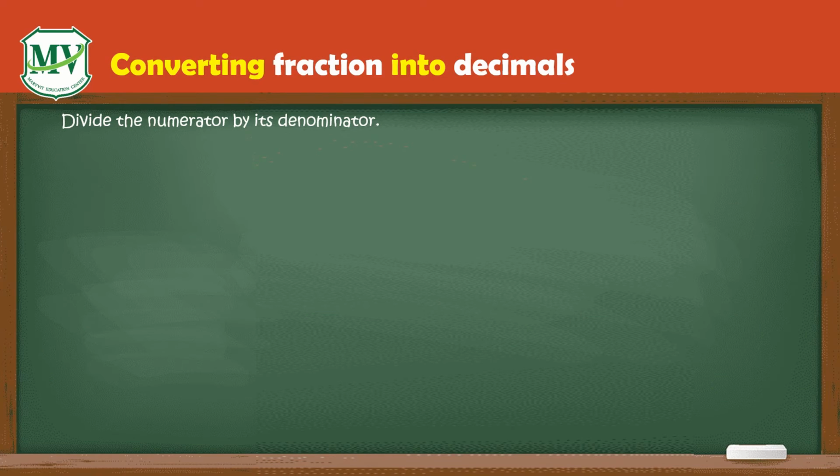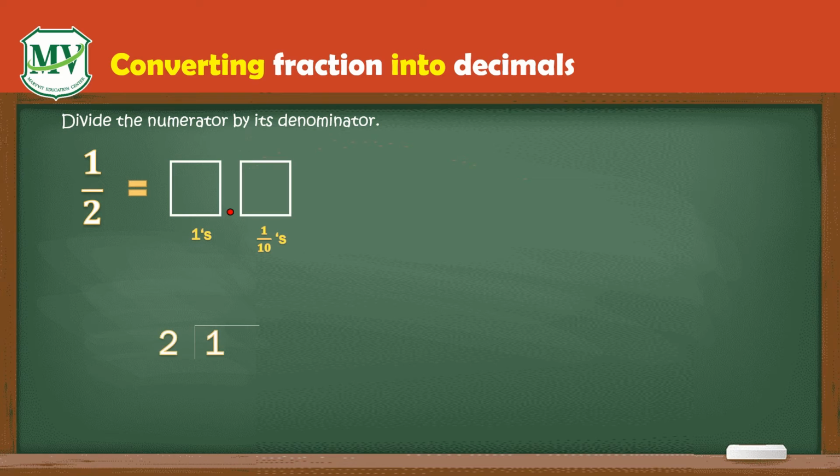To convert a fraction into a decimal, we have to divide the numerator by its denominator. For example, 1/2. To get its decimal value, we divide 1 by 2, which is 0. Since we cannot divide a smaller number by a bigger number, we are going to add zeros.